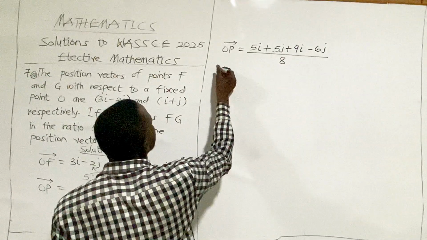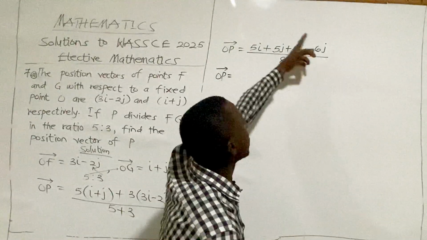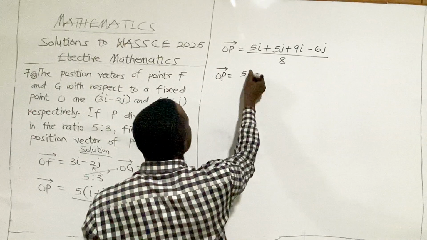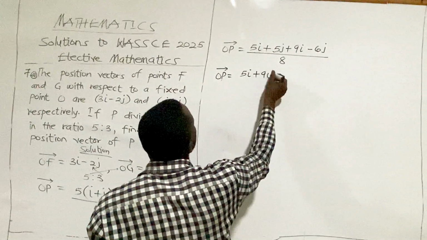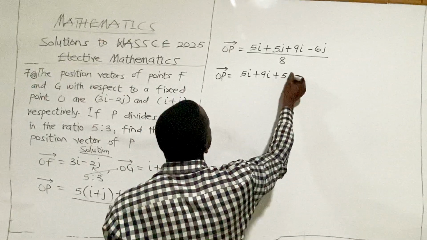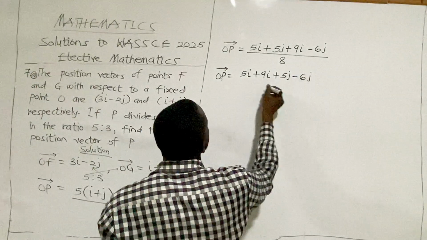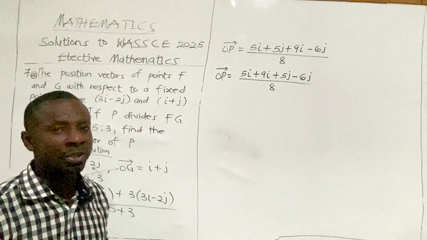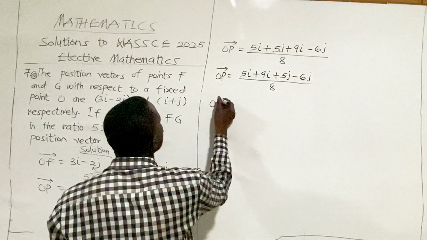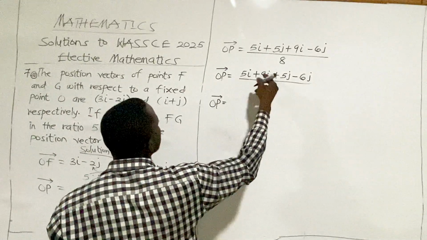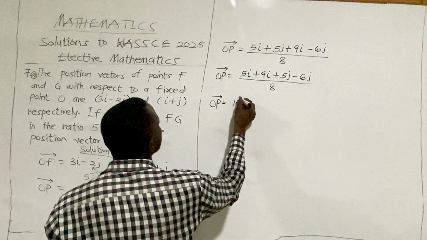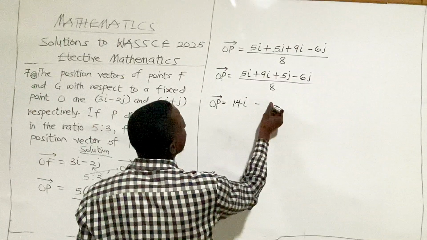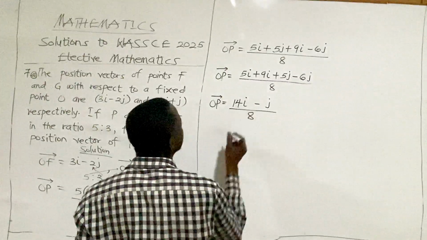Now from here, we are going to group like terms. So we have 5i plus 9i plus 5j minus 6j all over 8. Let's continue with the simplification. OP is equal to 5i plus 9i, we are getting 14i, 5j minus 6j, we have negative j, all over 8.